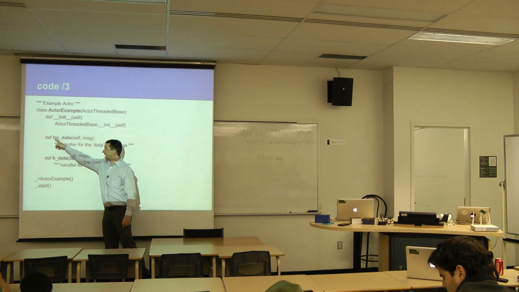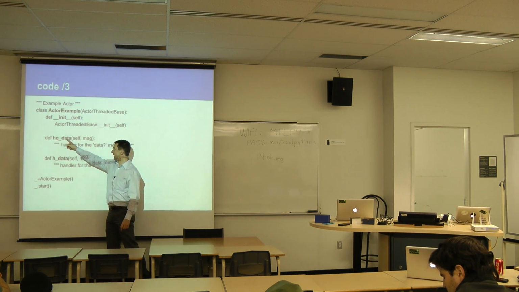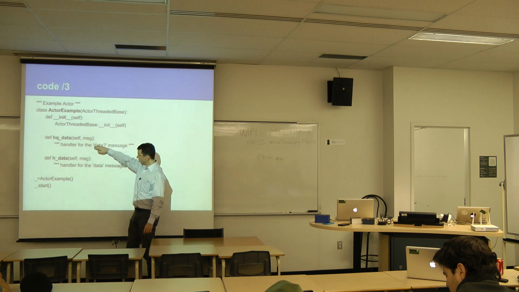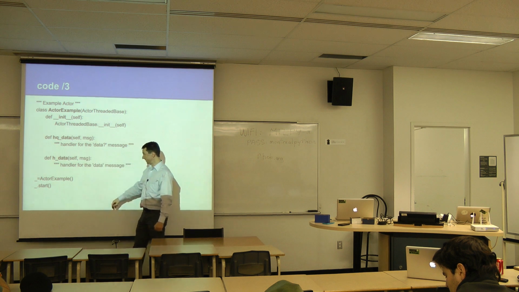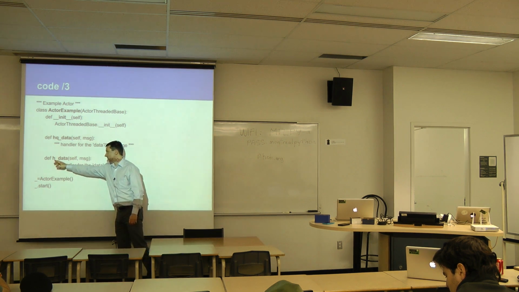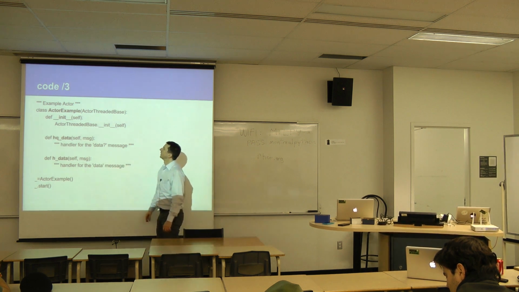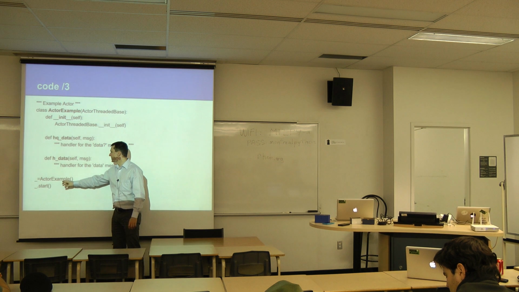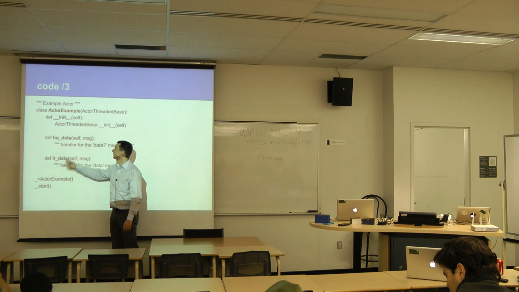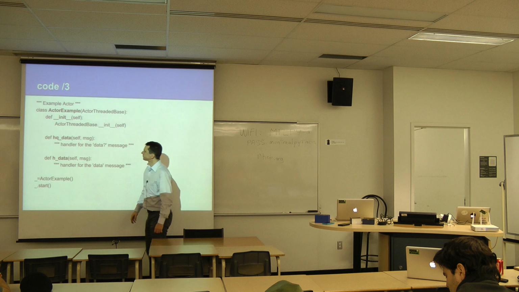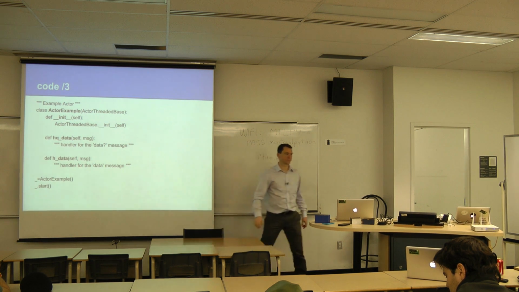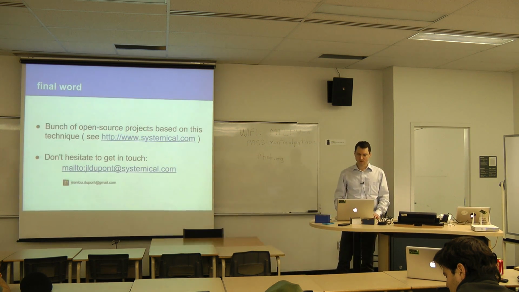For example, a handler for question data. You write your handler for that message type, and if it's for the message data, handler data, you receive the message and you do your processing. And at the bottom of the code, you just instantiate the actor and start it. That's it. So it was quite fast.